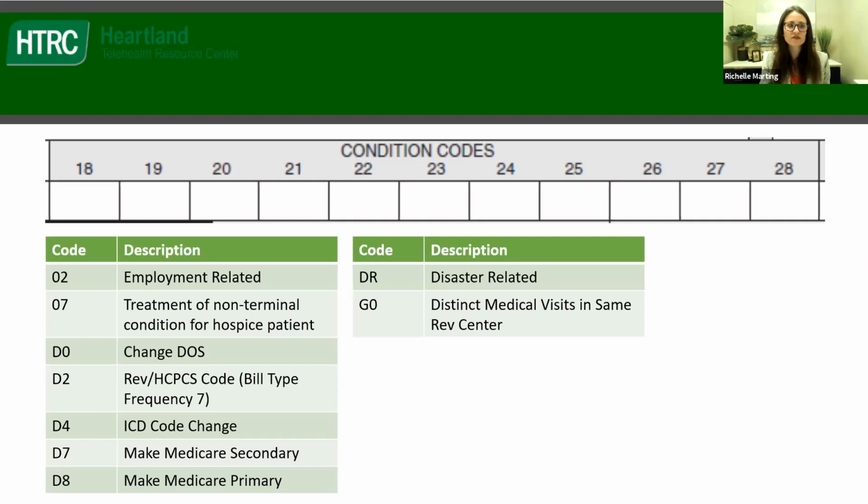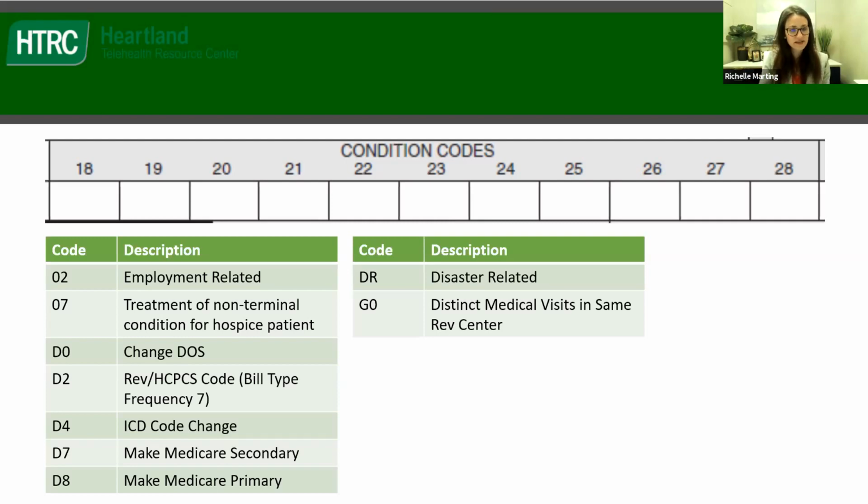Because those flexibilities were only a result of the public health emergency, there were specific billing requirements where we put condition code DR on the claim form to be paid for services that we otherwise would not have been paid for.